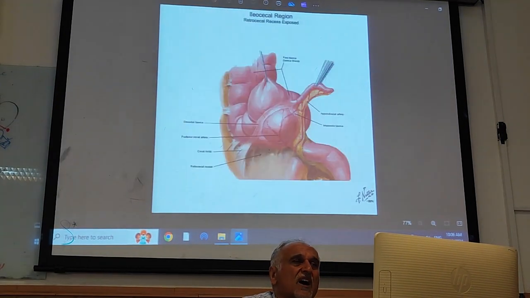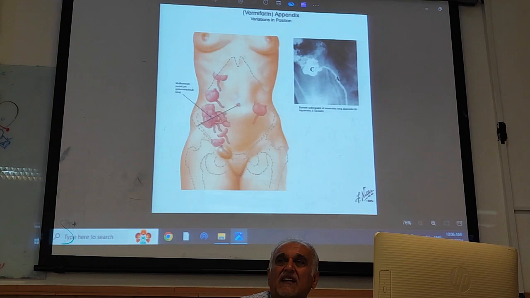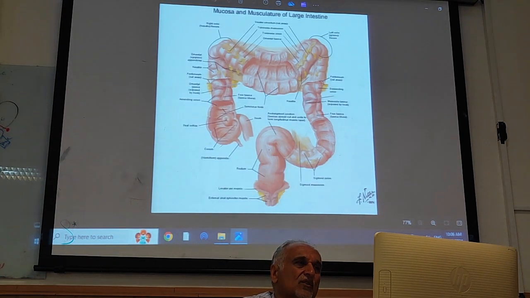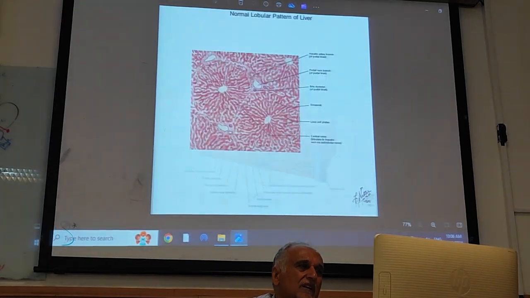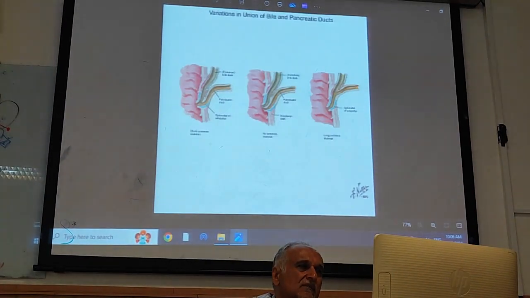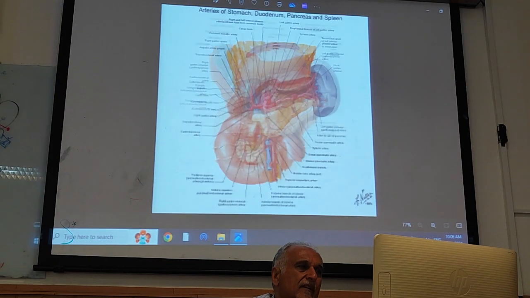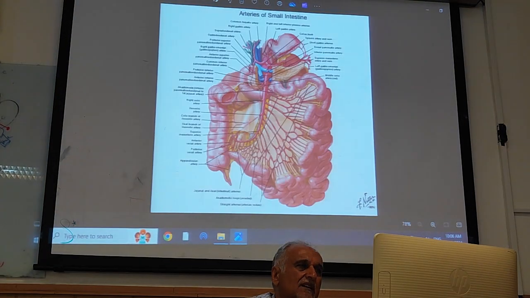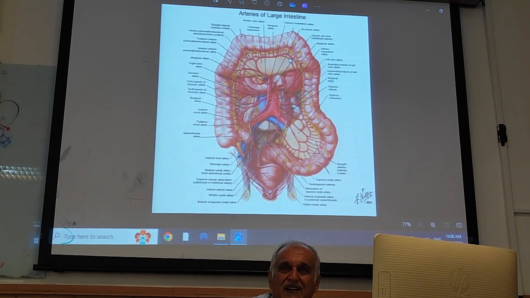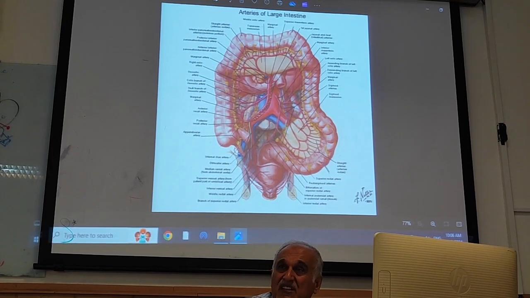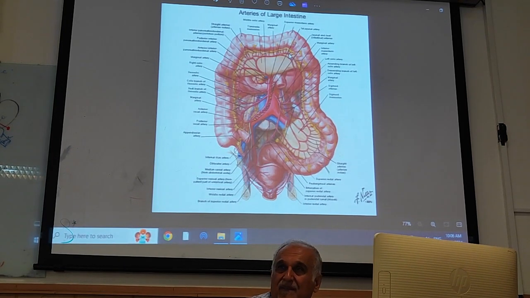These two junctions happen in the transverse mesocolon. Let me find the transverse mesocolon. Look here. This is the transverse mesocolon. Am I right? So, this is the middle colic, the left branch, the left colic and the right branch. They join to each other and make here the Riolan arc.